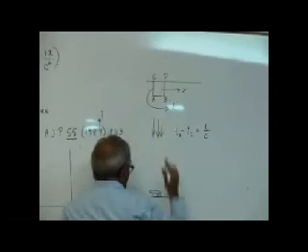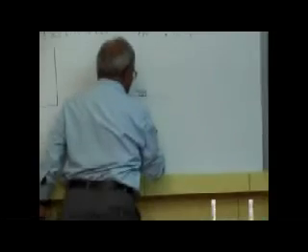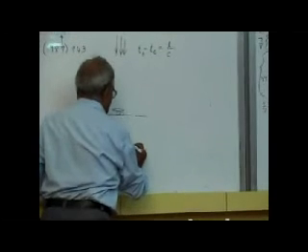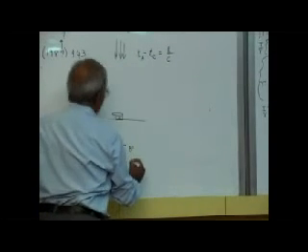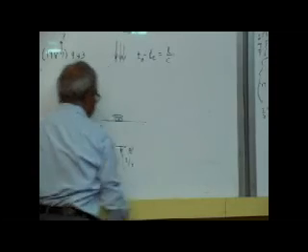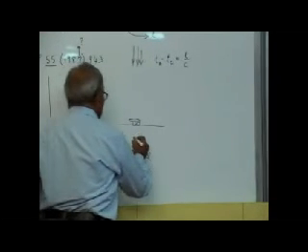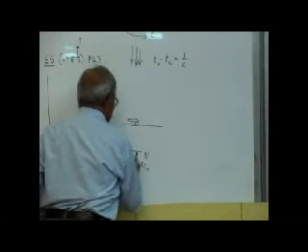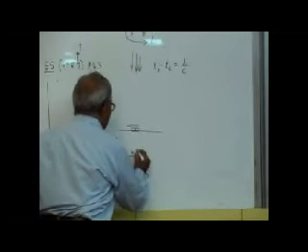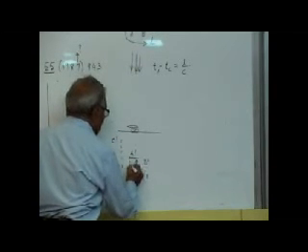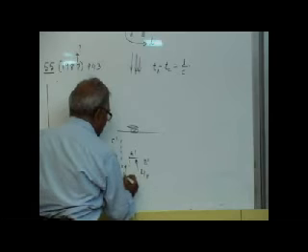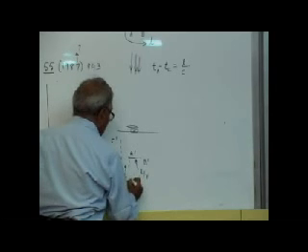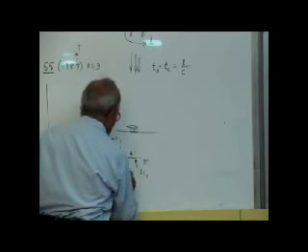And of course this would have looked contracted. This would be L by gamma, and this distance to me would be v L by c.